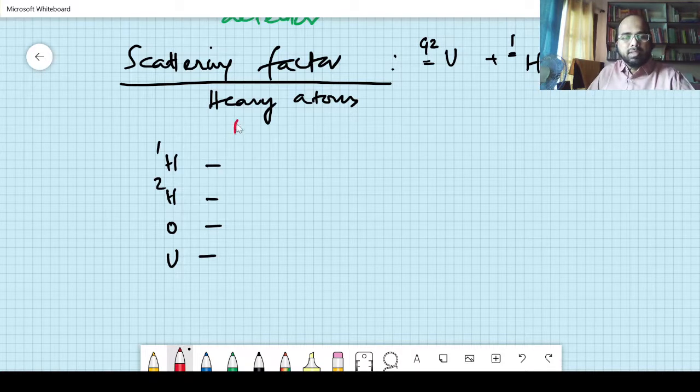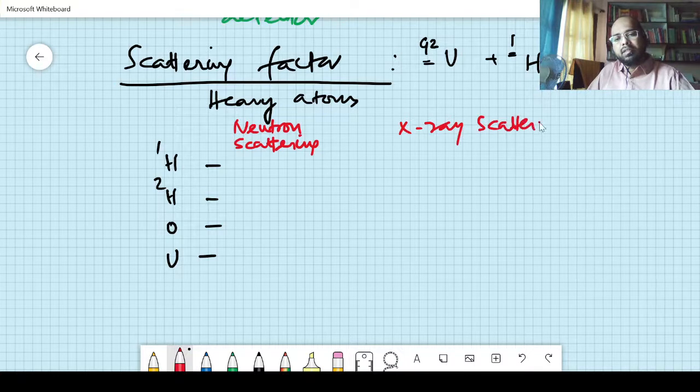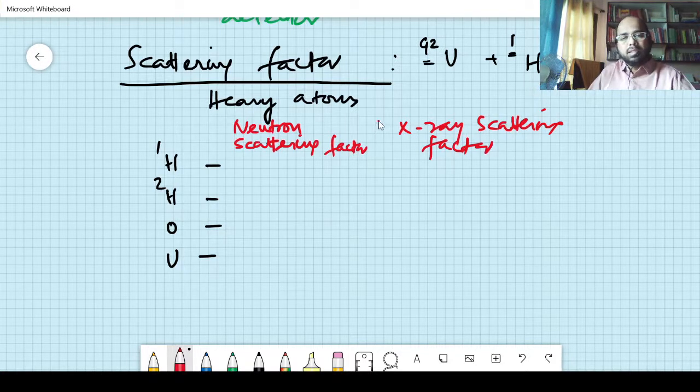Then on top I write neutron scattering factor, and here you have X-ray scattering factor. Okay, I'll draw a line and then I'll put the values there.